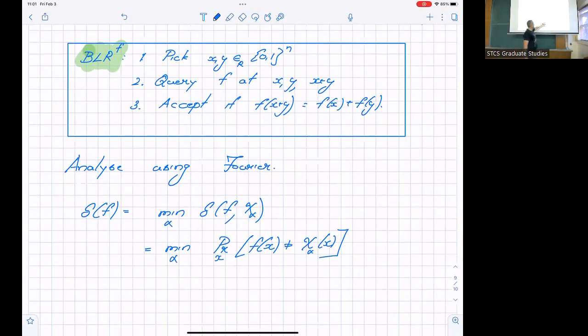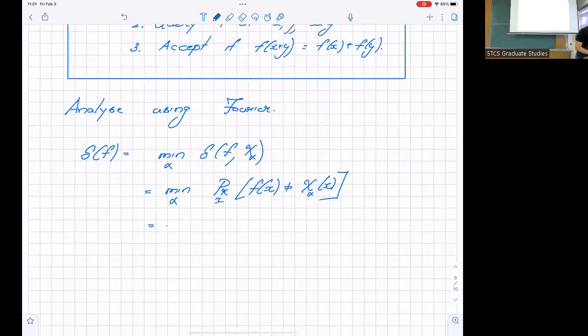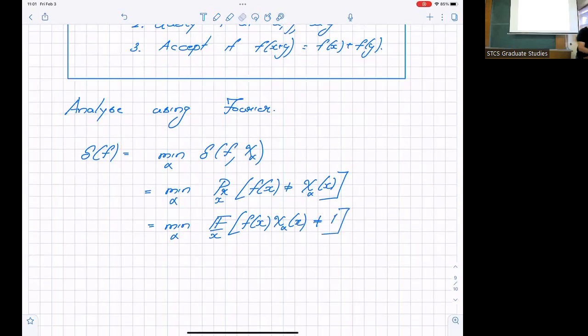So think of this as the indicator. I'm going to do some trick which is going to come in quite useful. Think of this as the expectation over x of the indicator event. Because these are Boolean, this is just asking. Let's write it this way.